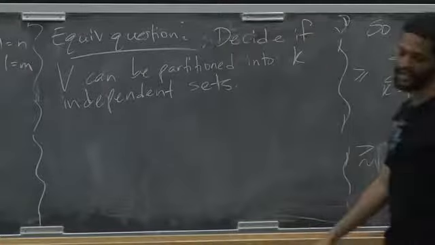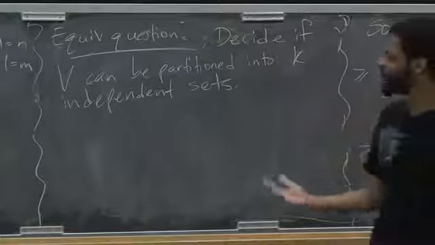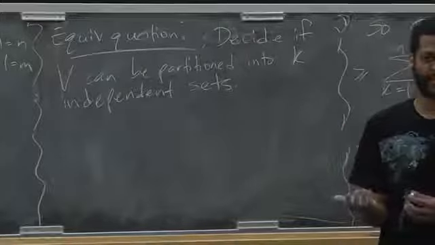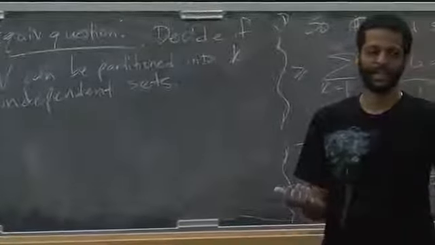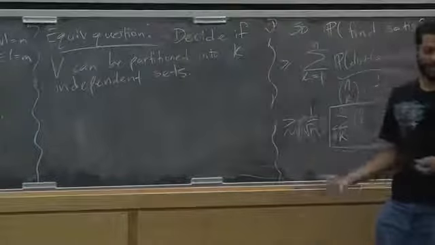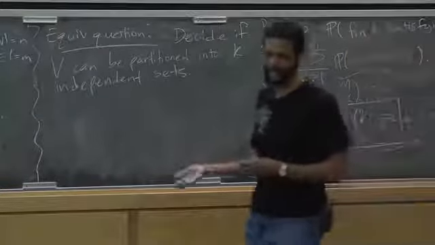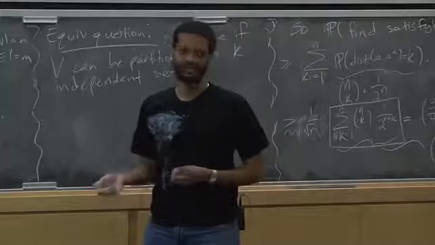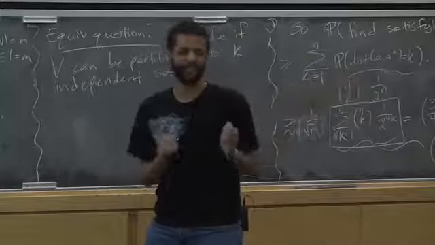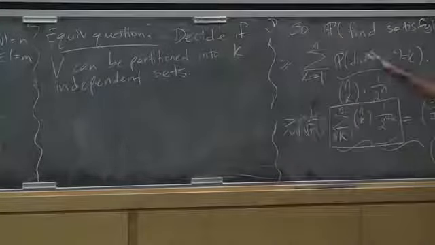An independent set is a set of vertices such that there are no edges between any vertices in that set. Why are these equivalent? If you can partition into K independent sets, then everything in the first set gets color 1, the next set color 2, and you know it's a valid K-coloring. In the other direction, if you had a valid K-coloring, everyone with color 1 would be partition 1, everyone with color 2 would be partition 2, et cetera. So these are equivalent problems, and we're going to focus on this version.